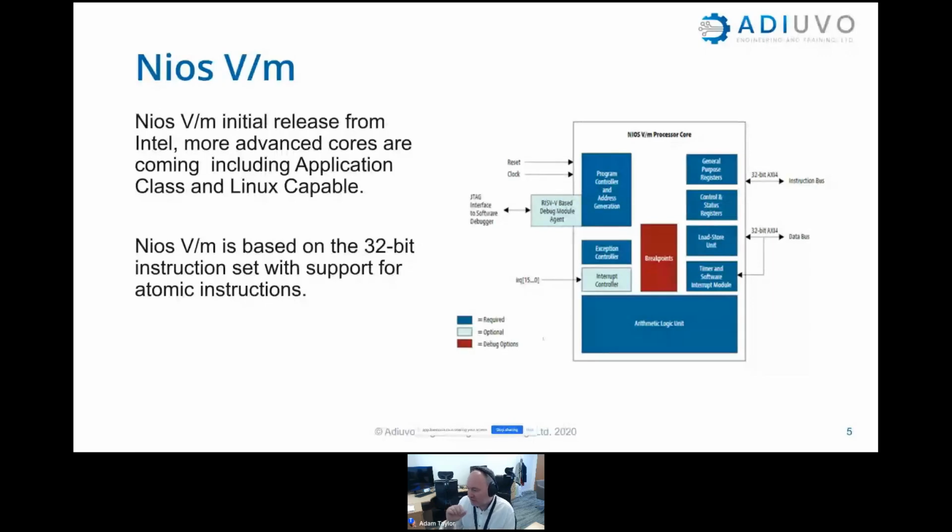Now, someone has just asked a really great question about the open source nature of the RISC-V ISA and the ecosystem: will it be compatible with Nios 5? That's one of the really nice things about this: because it's compliant with that ISA, if you compile software targeting the same RV32 architecture, it should run on the Nios 5.